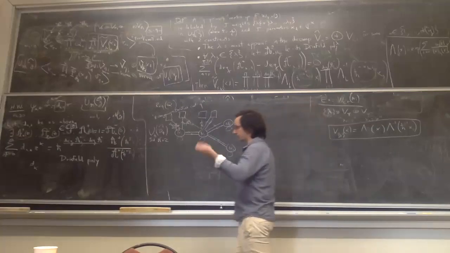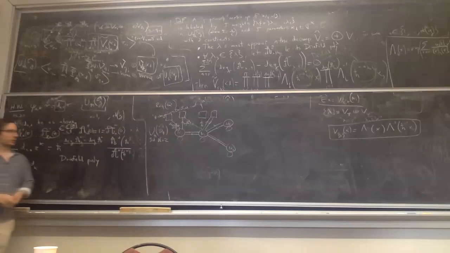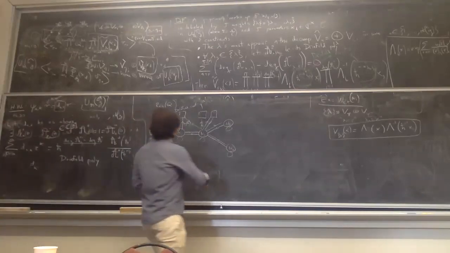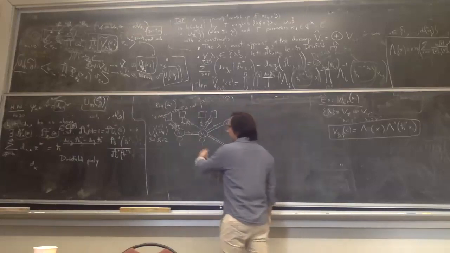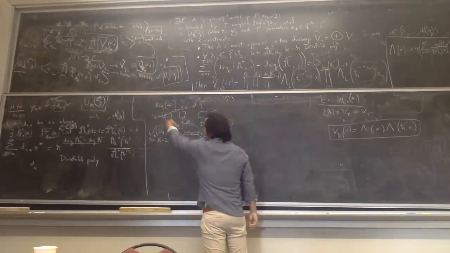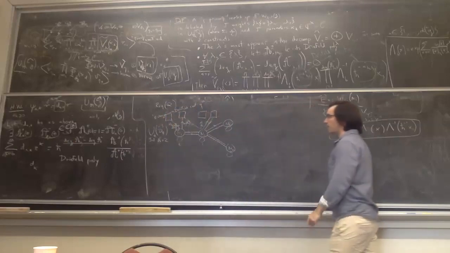Then you also have this mass for the adjoint chiral multiplet, which is labeled by T. It also has a charge, and the T charge is also labeled by the Drinfeld root in the exact same way.